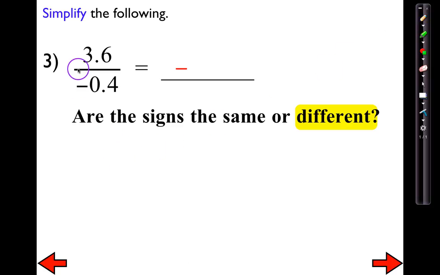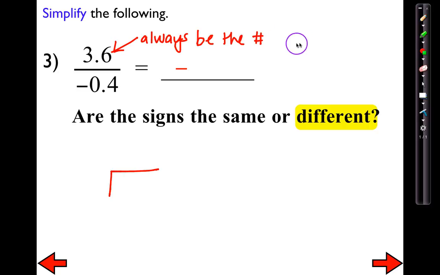First of all, I want you to remember that a fraction is basically division. And the next thing I want you to understand and know is a lot of students ask me what number goes inside. In other words, which number is your dividend? Your numerator will always be the number that goes inside.